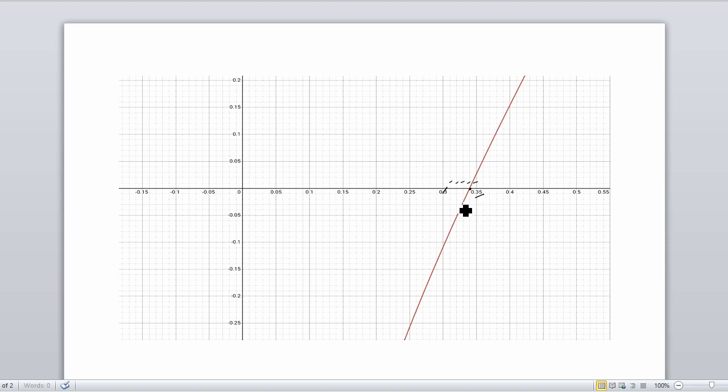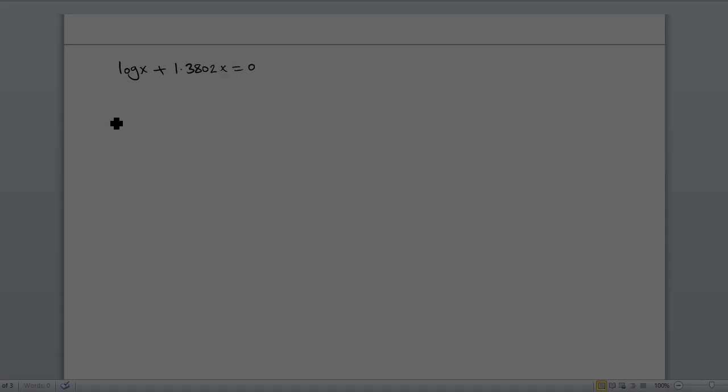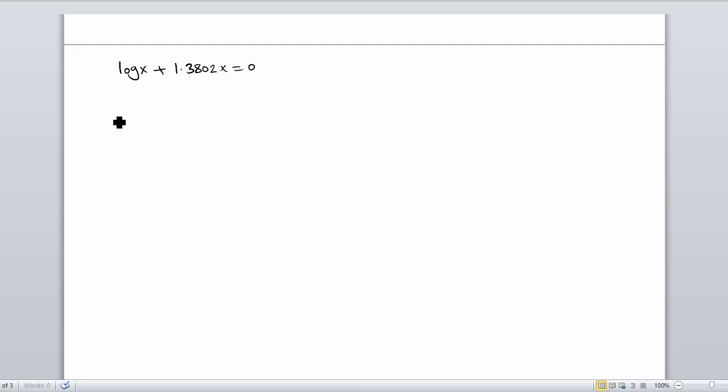So it means our curve cuts the x-axis at 0.31, 32, 33, and 34. So our x is 0.34.